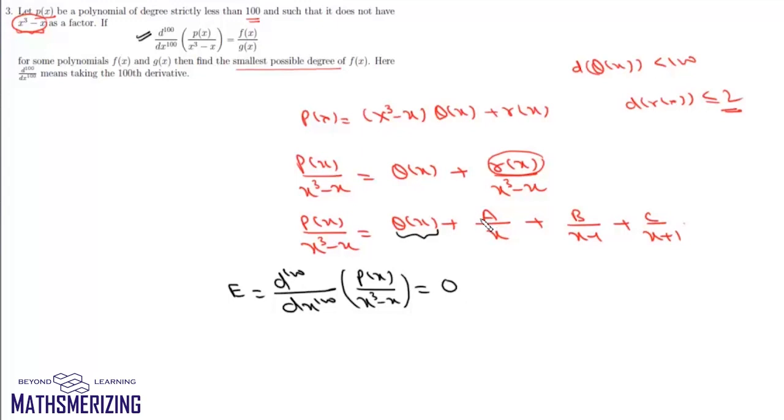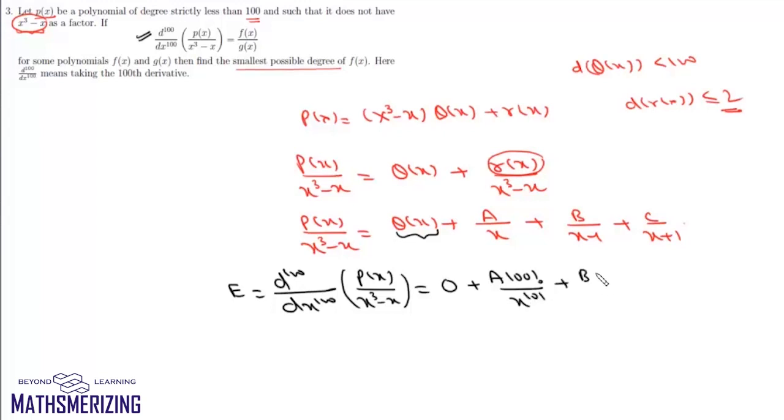Now what about a upon x? We will differentiate it once. It will be minus 1 upon x square, second derivative plus 2 upon x cube, third derivative minus 1 into 2 into 3 upon x to the power 4. So we will differentiate it 100 times. Then we can write its derivative as a into factorial 100 upon x to the power 101.